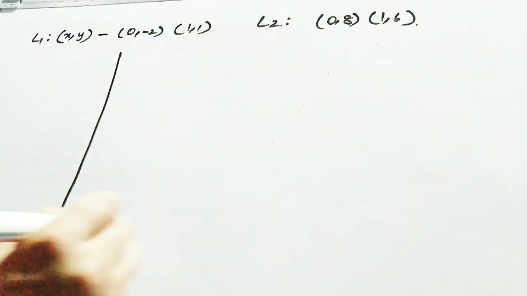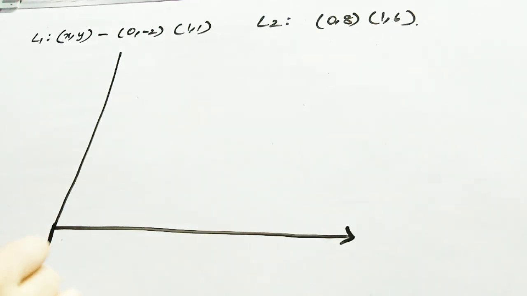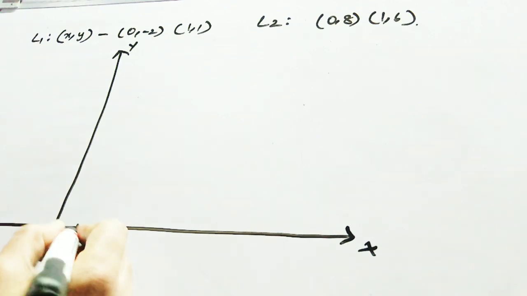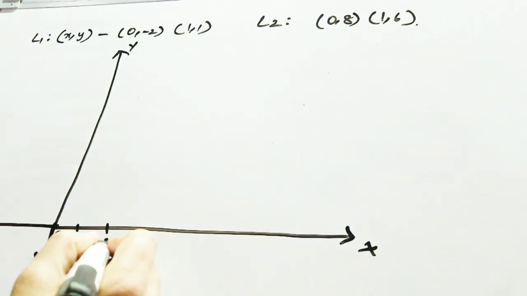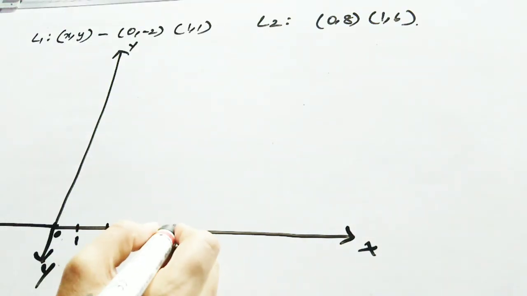Just draw a graph. This is x, this is y. Use graph paper for a perfect graph, so that you get a perfect straight line. I am using rough paper, so draw with equal distances. What will be the highest value for the x coordinate?